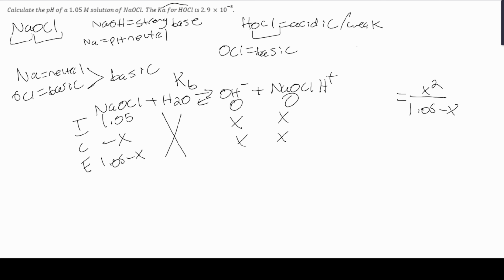So how do we get a Kb? We get a Kb by knowing that Kw is equal to Ka times Kb. So if Kw is equal to 10 times 10 to the negative 14, then we could just do 10 to the negative 14 and divide it by 2.9 times 10 to the negative 8.